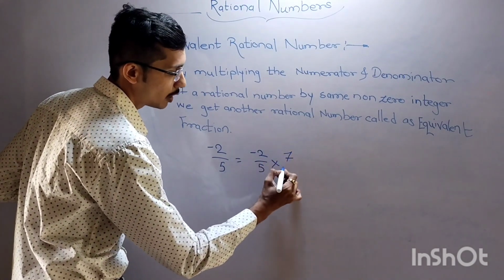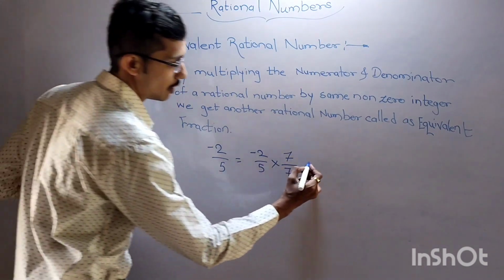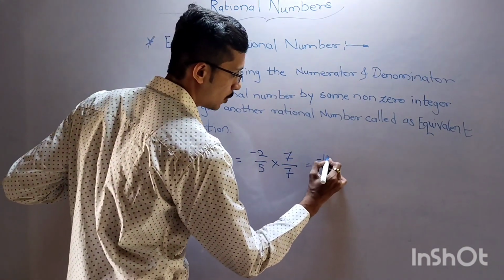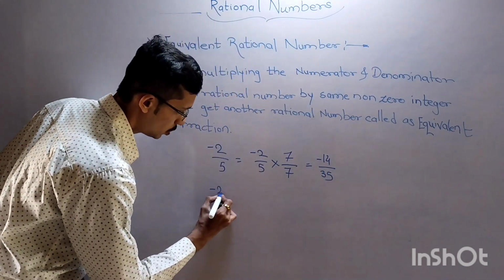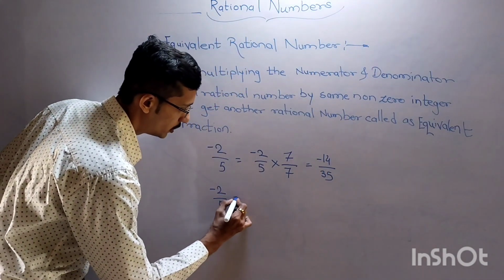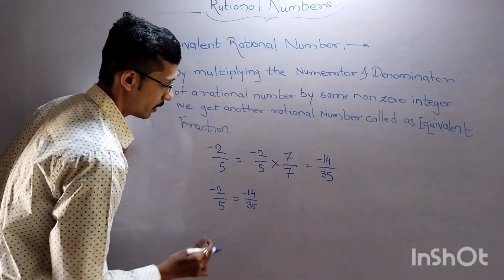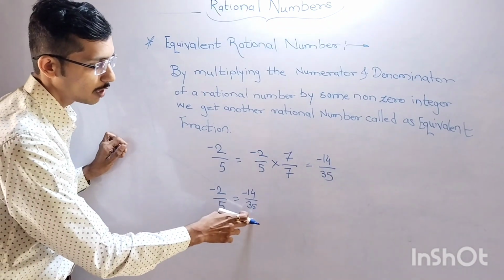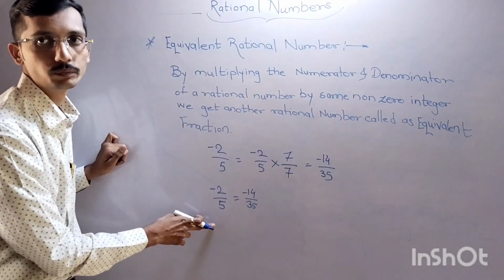So multiply the numerator by 7 and the denominator by the same number, 7. It will give -14 upon 35. So -2 upon 5 is equal to -14 upon 35, and -14 upon 35 is an equivalent fraction of -2 upon 5.